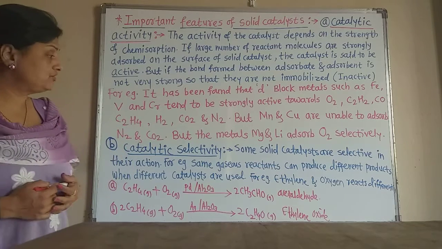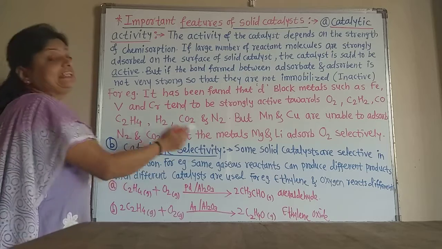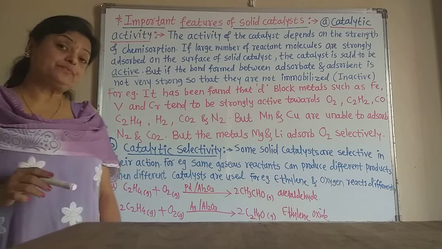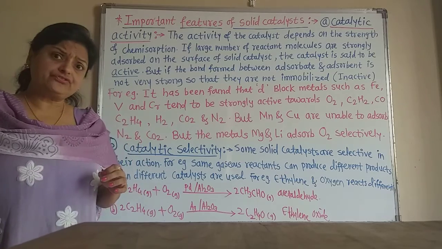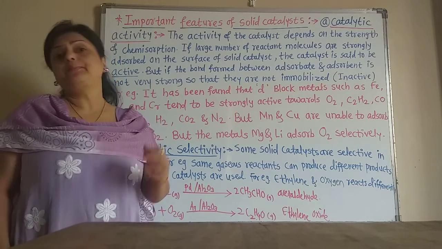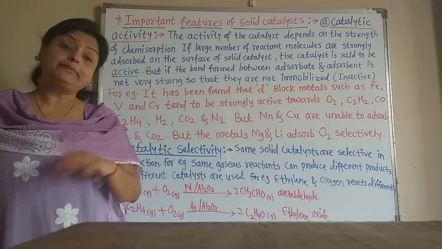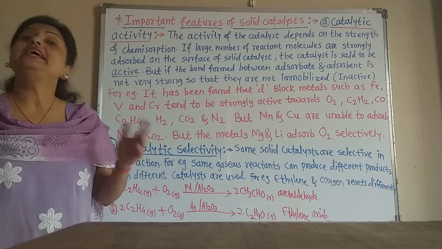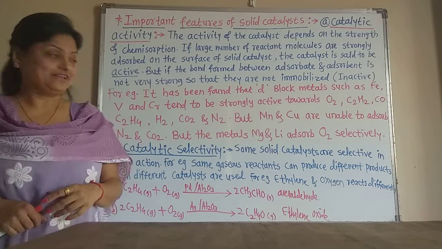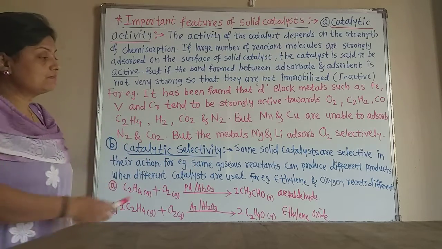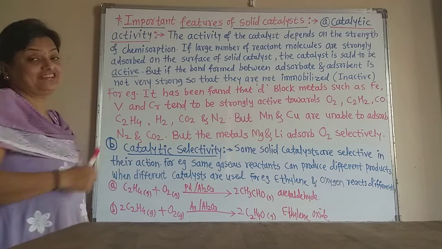Now the next important feature of the solid catalyst is the catalytic selectivity. That means the same gases adsorbed on different catalysts form different products. Some solid catalysts are selective in their action.